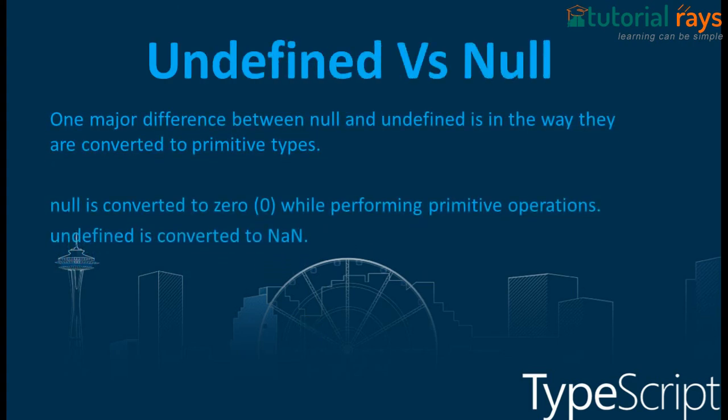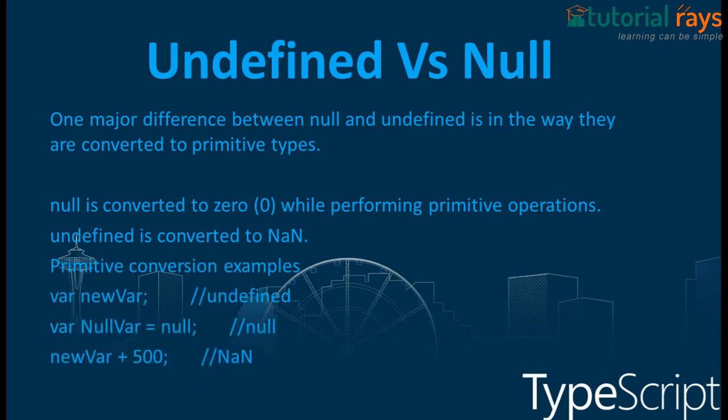One major difference between null and undefined is in the way they are converted to primitive types. Null is converted to 0 while performing primitive operations. Undefined is converted to NaN. So let's see with an example. Primitive conversion example: newVar is undefined, nullVar is null.